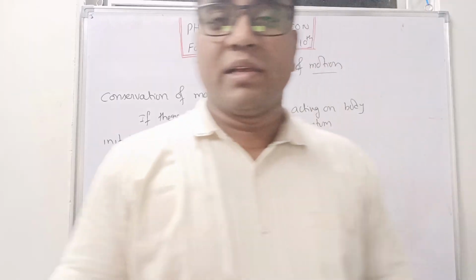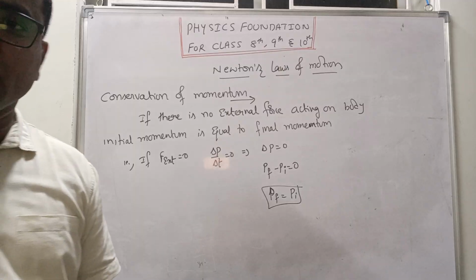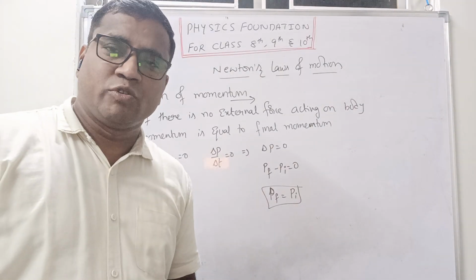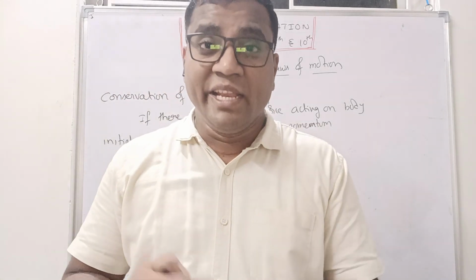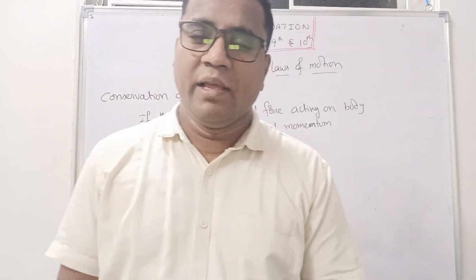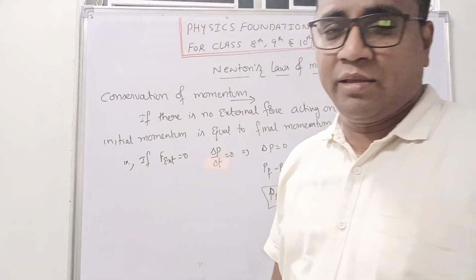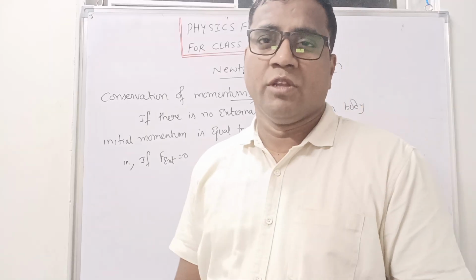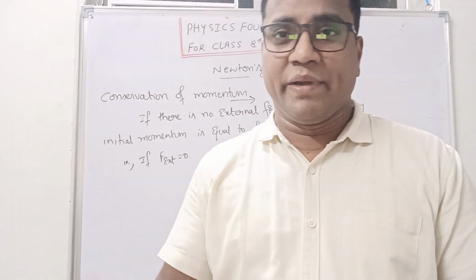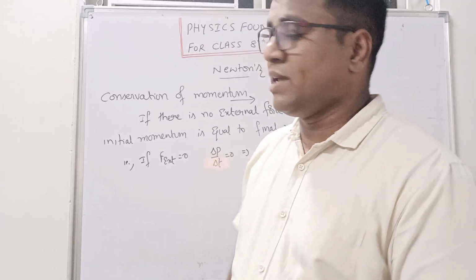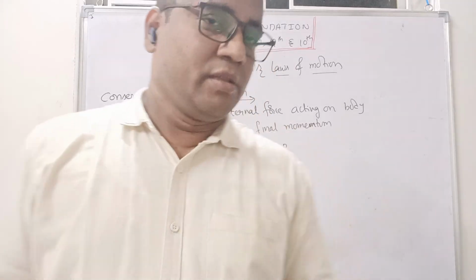This is conservation of momentum. I hope you are understanding. This conservation of momentum is also known as conservation of linear momentum, because we are discussing linear motion only. This momentum is called linear momentum. Make a note.